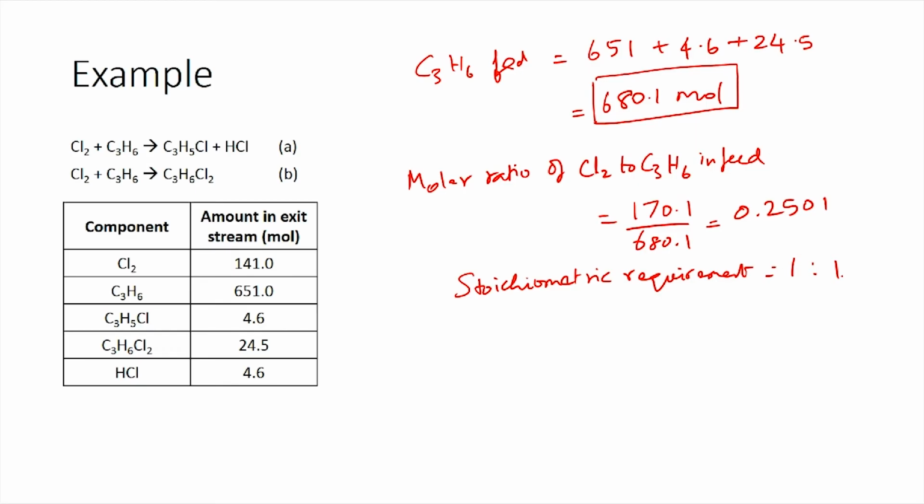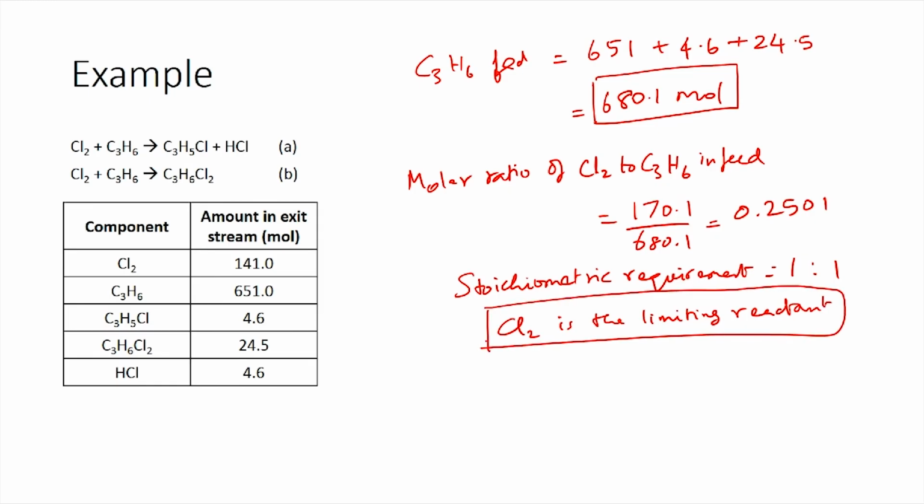As the stoichiometric requirement is higher for chlorine and it is being supplied at a ratio lower than the stoichiometric requirement, we can identify that chlorine is the limiting reactant, and C3H6 is actually being supplied in excess.